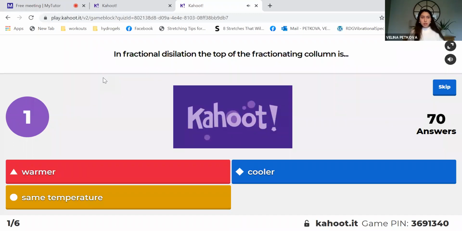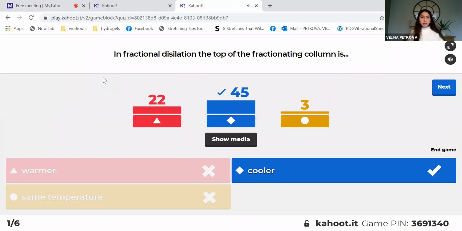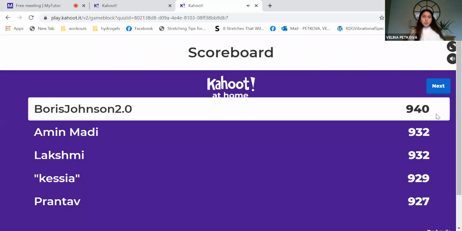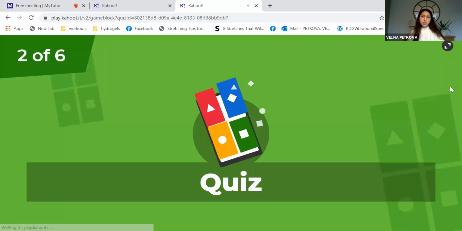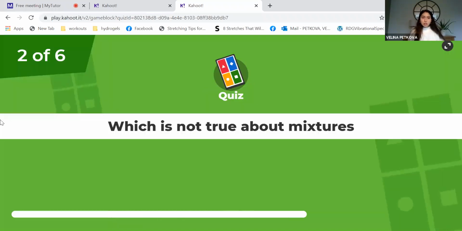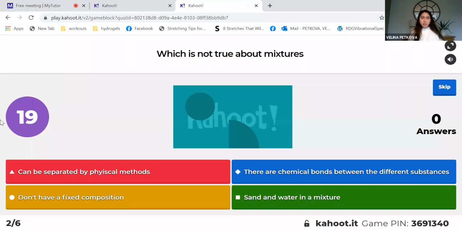Almost done. Great. Okay, so yeah, it is cooler. The bottom is warmer, the top is cooler. So the next one then. Well done to Boris Johnson at the top. So which is not true about mixtures?